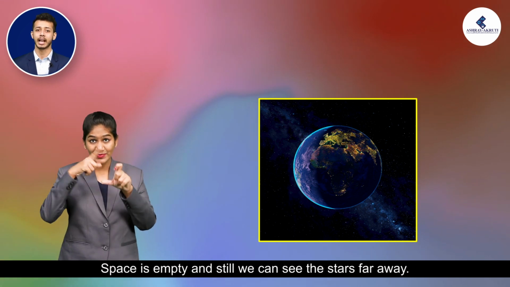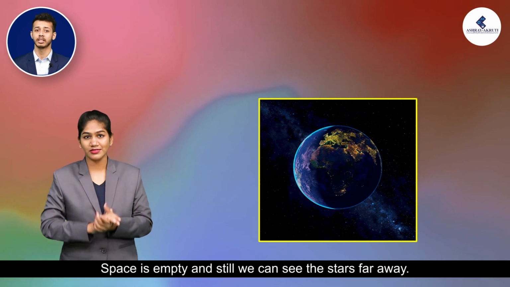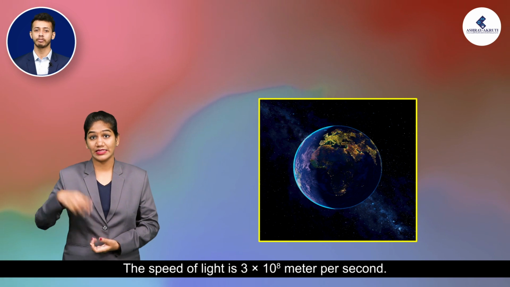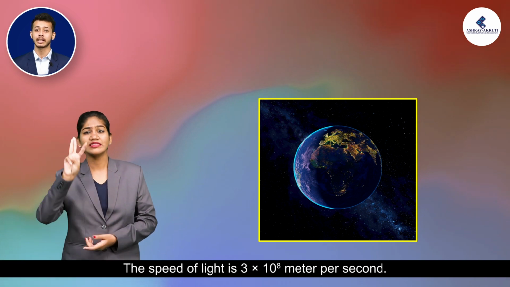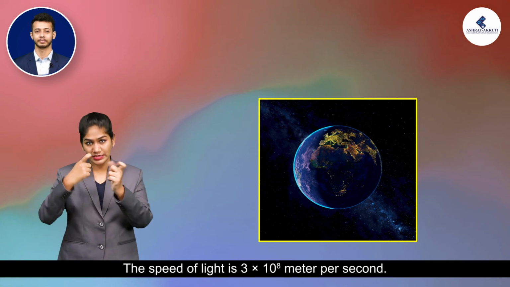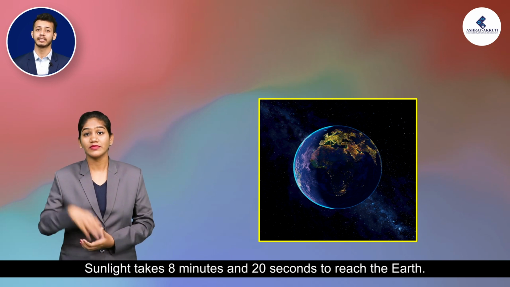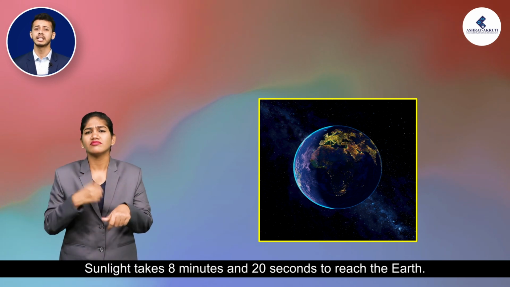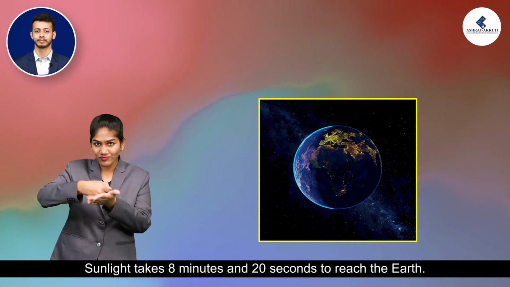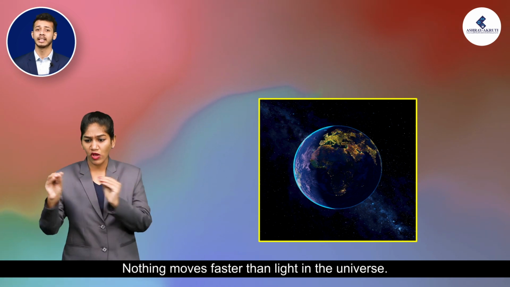Space is empty and still, yet we can see the stars far away. The speed of light is 3 into 10 to the power 8 meter per second. Sunlight takes 8 minutes and 20 seconds to reach the earth. Nothing moves faster than light in the universe.